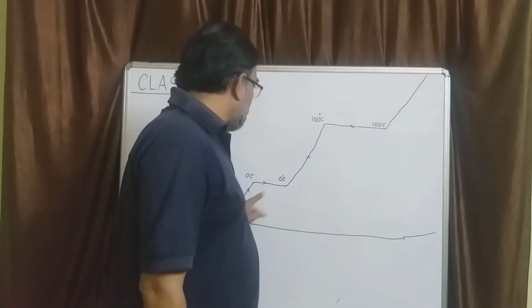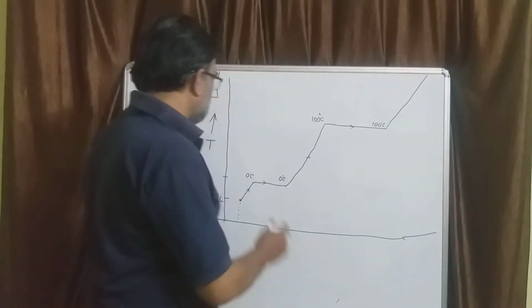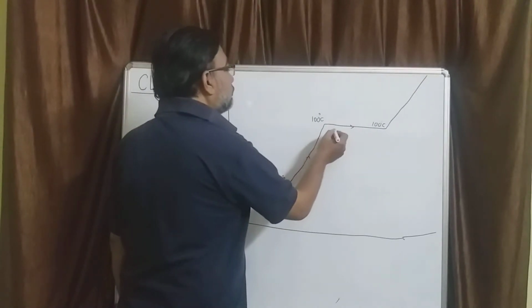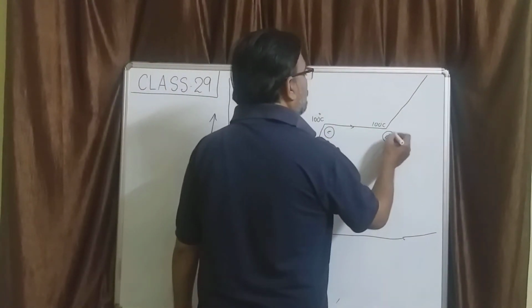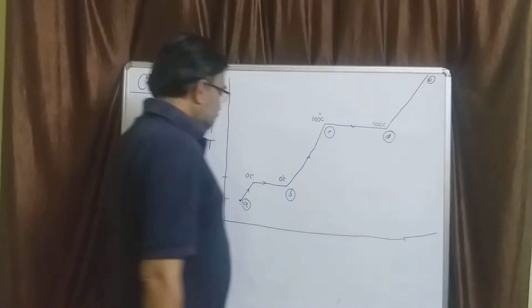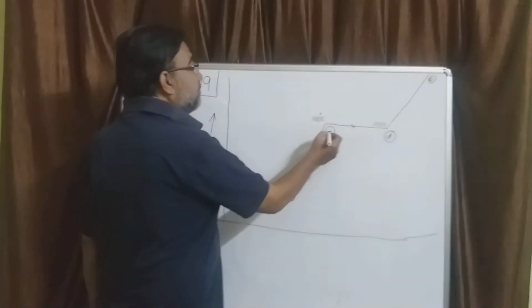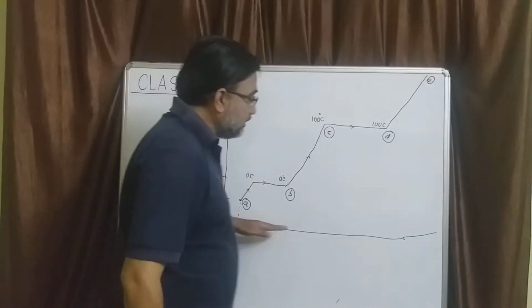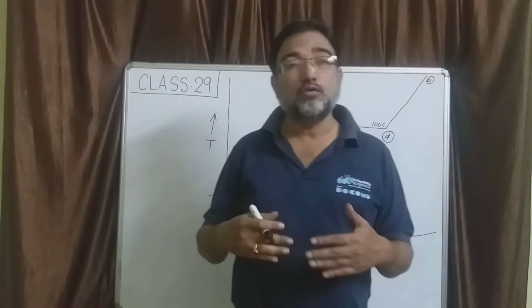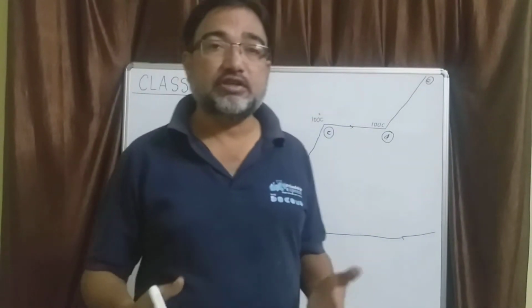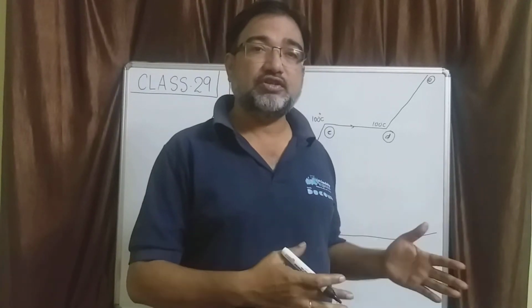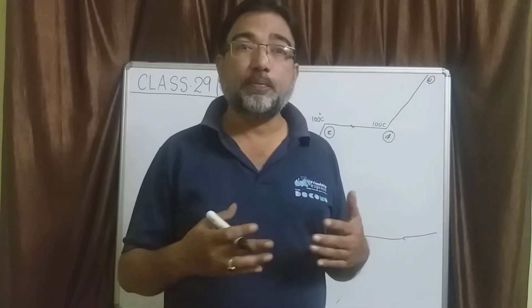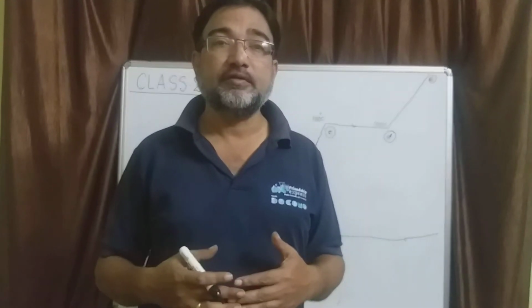Say this is point A, point B, point C, point D and point E. If you take these points from A to E through B, C, D, you must be able to answer what is monotonically increasing when we supply heat to a system or substance.